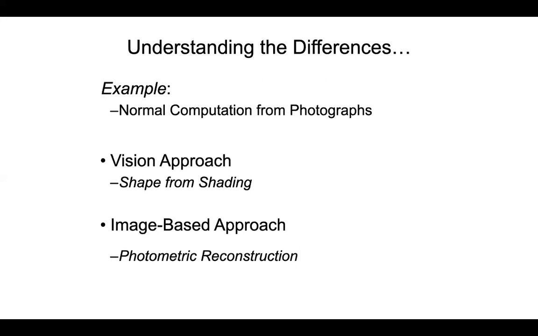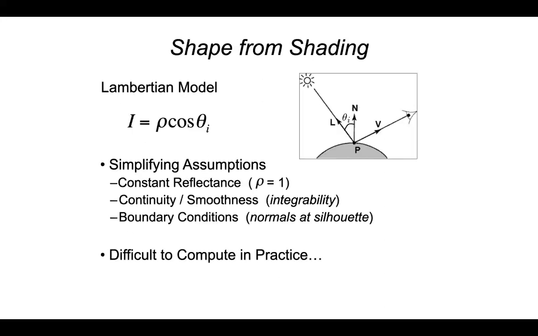We have the shading model, and we are going to compute the shape based on shading, right? And in the image-based approach, we are going to actually do photometric reconstruction from the images in a constrained set. So for shape from shading, basically, we have this Lambertian model. We first assume that the surfaces in a scene are all diffuse.